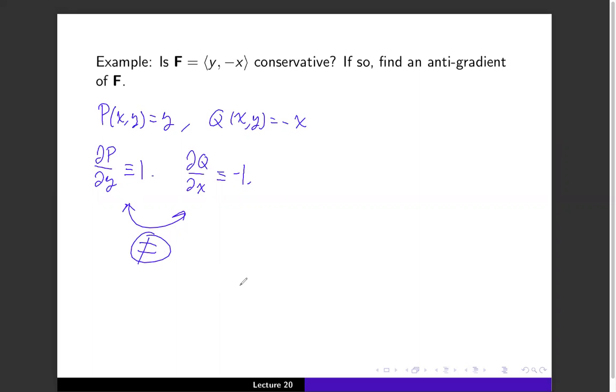Those aren't equal to each other. These are severely not equal, they're in fact never equal to each other. And because these functions aren't equal, the answer is no. So f of x,y, which we're defining as y comma negative x, is not conservative.